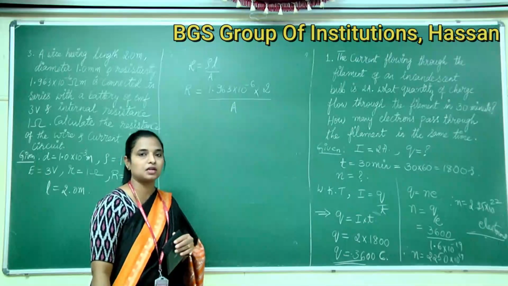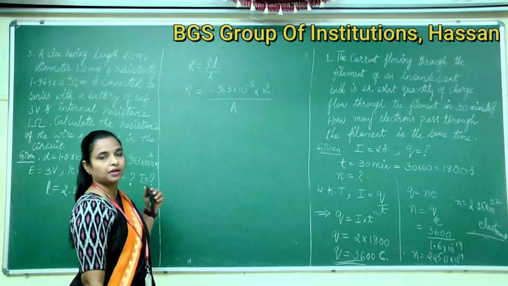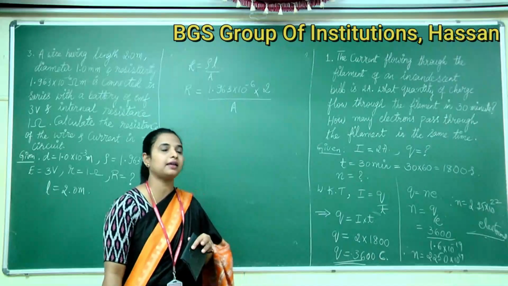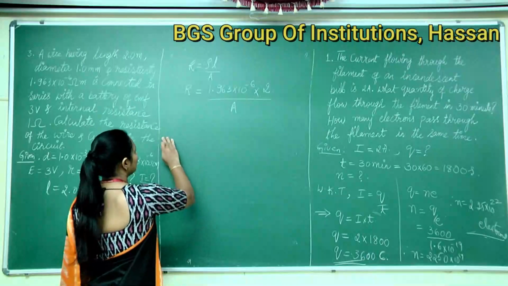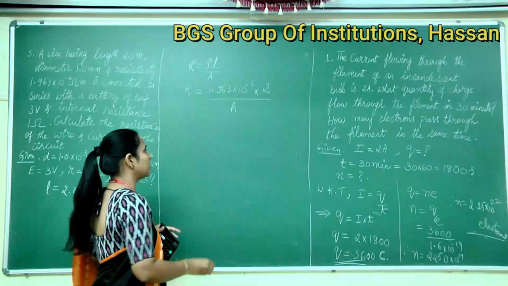Area they have not given, but they have given the diameter. If we know the diameter we can easily calculate the area. Area means cross section, area of cross section, which is circular in shape.